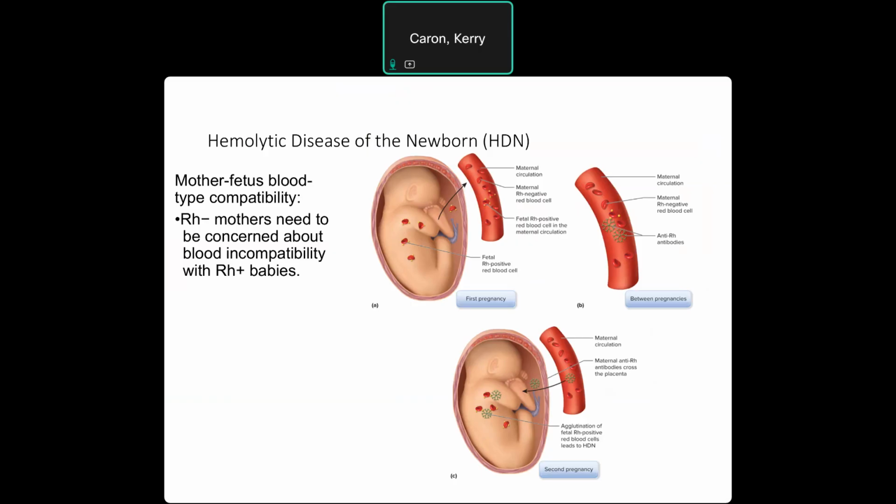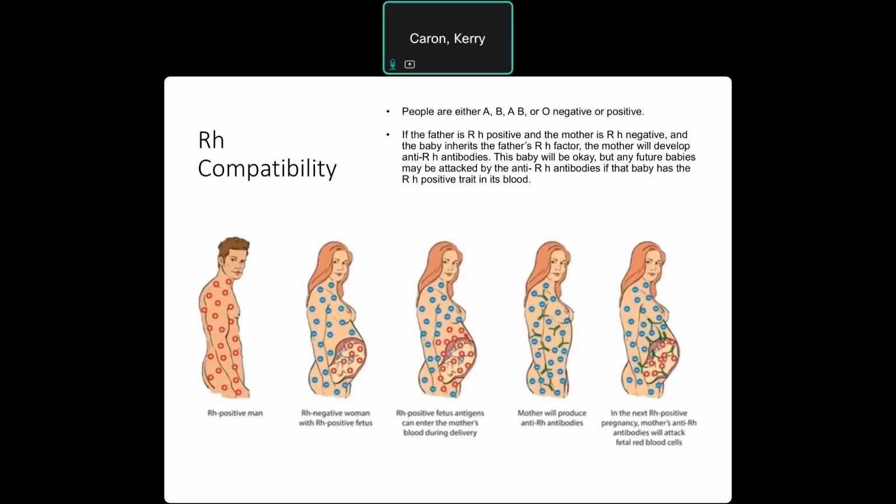I don't like that. Okay. It's the second pregnancy you have to worry about. Because if that RH negative mother now has another RH positive child, her antibodies are going to attack the baby's blood. So that becomes an issue because we will have agglutination.